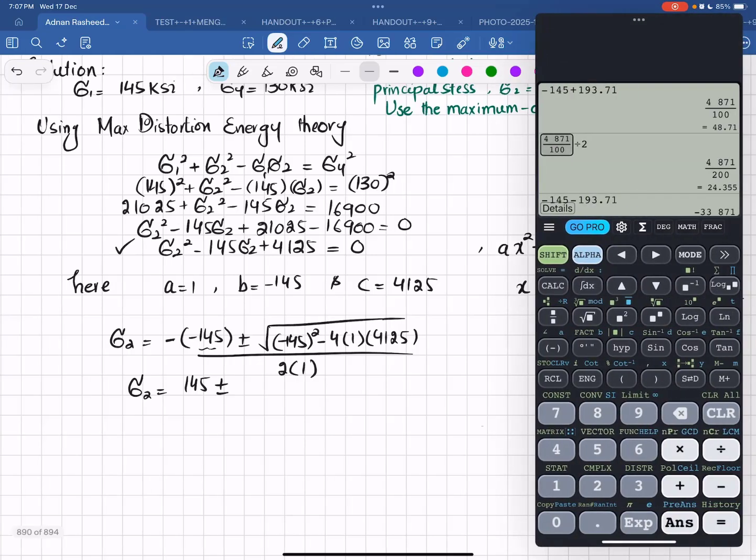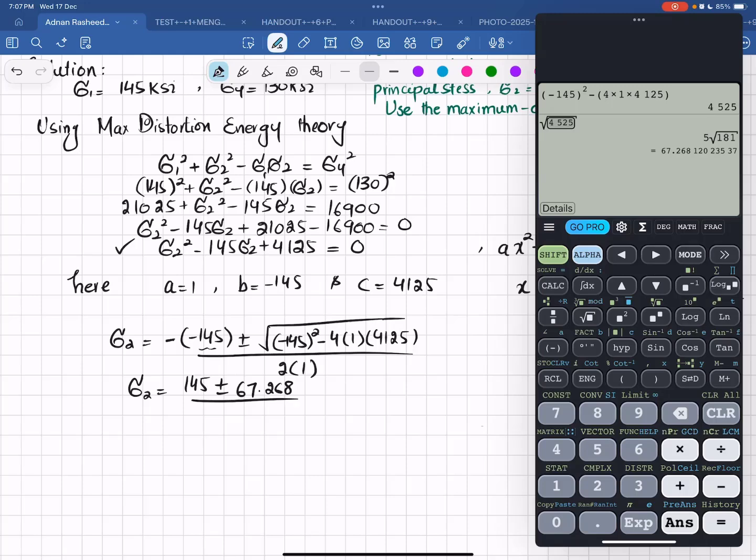Now we calculate the value under the root, and the square root comes out to 67.268, divided by 2.